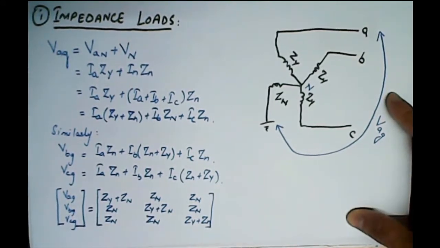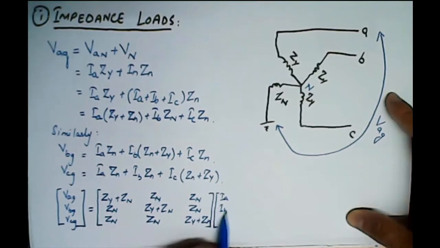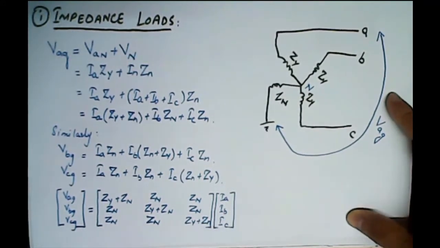Again, this is a symmetric matrix times the currents IA, IB and IC, right?